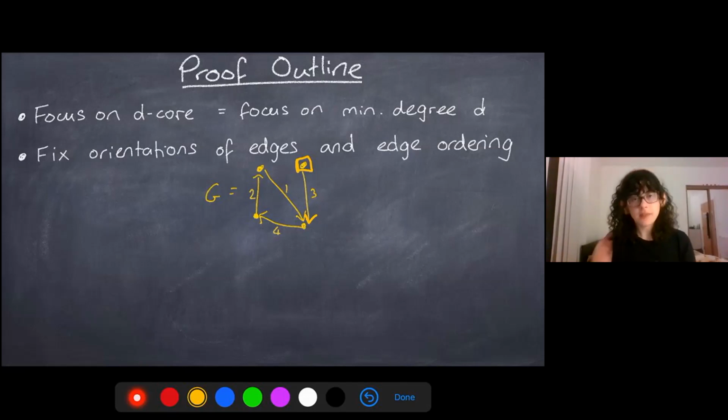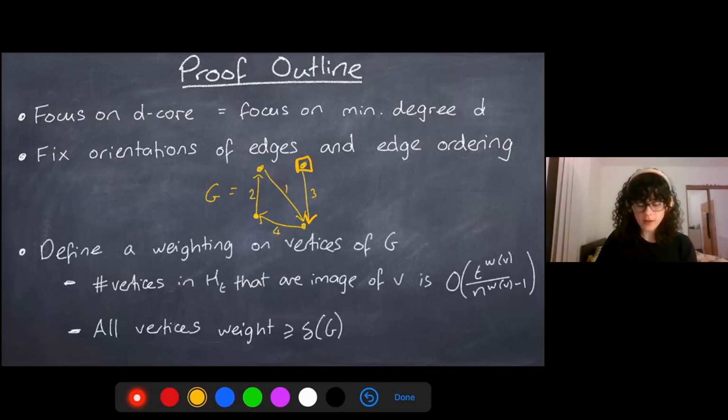Okay, and then the third bit is the clever bit. What we're going to do is define a weighting on the vertices of G that will depend on this orientation and edge ordering that we specified. We want our weighting to have two properties. The first property is that the weighting captures the number of vertices in the semi-random graph that can be the image of that particular vertex of G. So suppose in our graph G here, this vertex had weight 2.